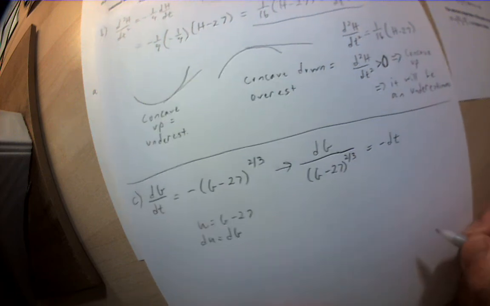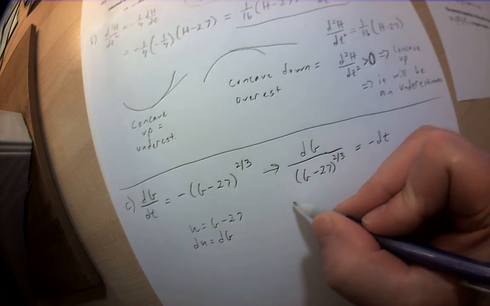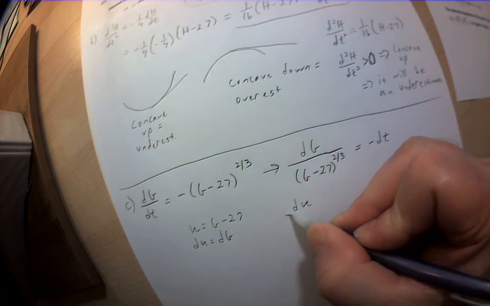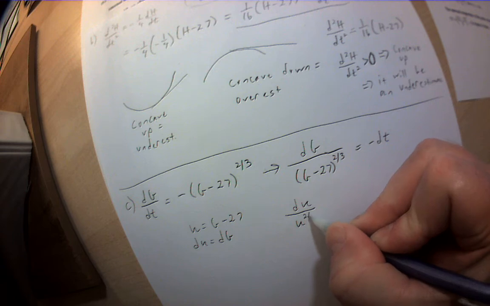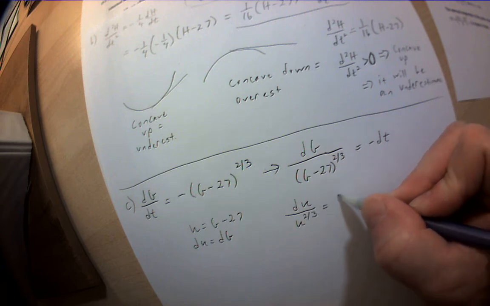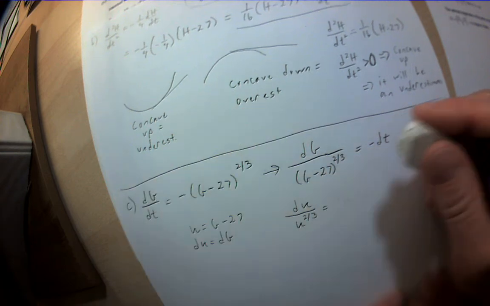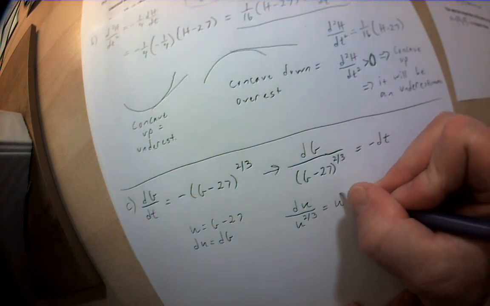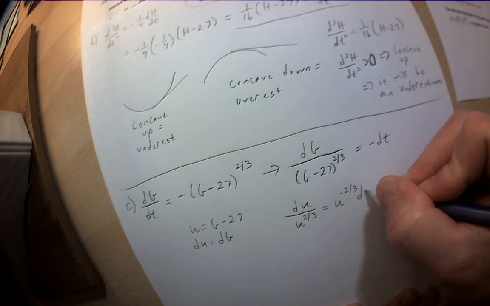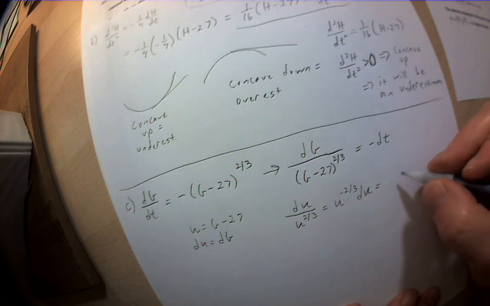You don't really have to do this. You probably do it in your head, but this is safer. So I get du over u to the 2/3. I like u first: u to the negative 2/3 du equals negative dt.